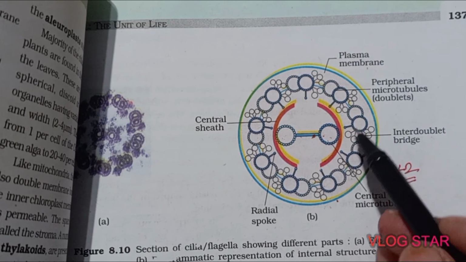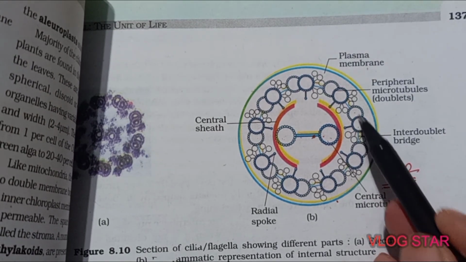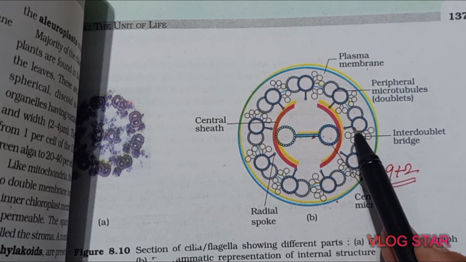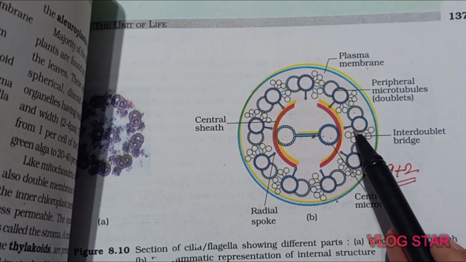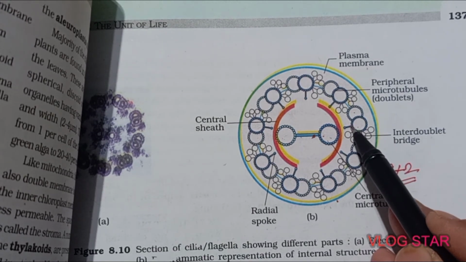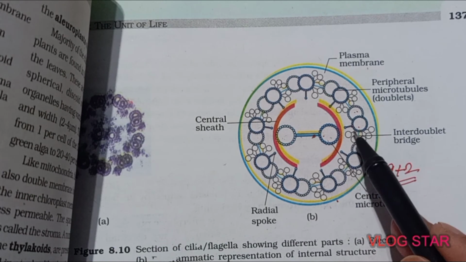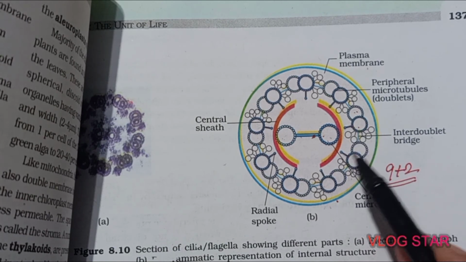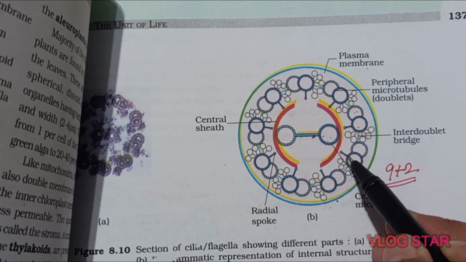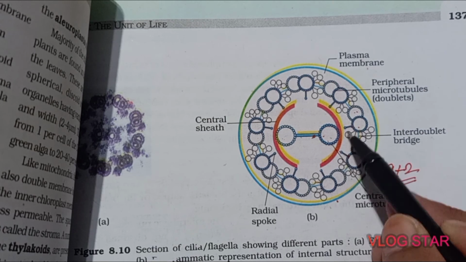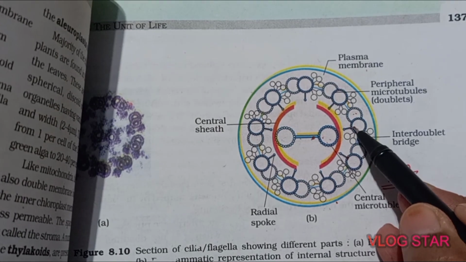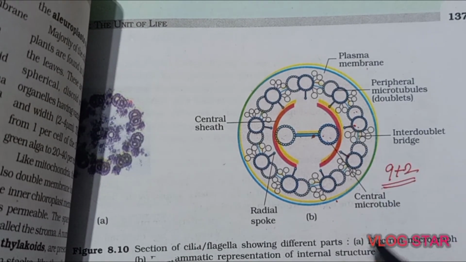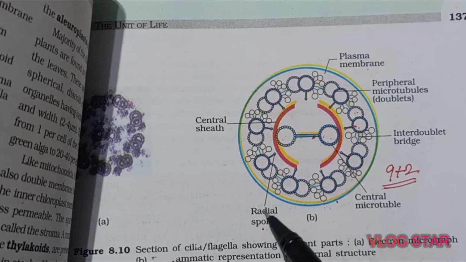And now the important point to note is that from each doublet of radially arranged microtubules, one from each pair, like this one from this pair, you can see, one of the microtubules from each pair is connected to this central sheath. You can see these spoke-like structures coming out from one of the two. So, this is called a radial spoke.